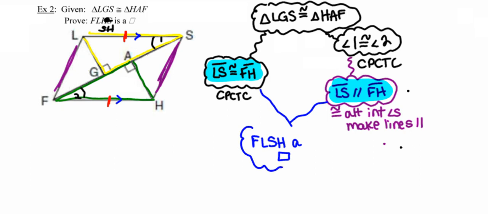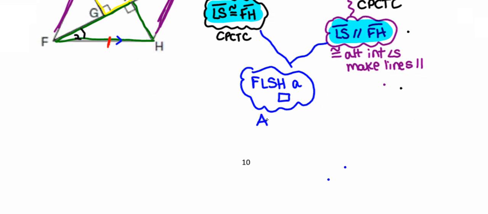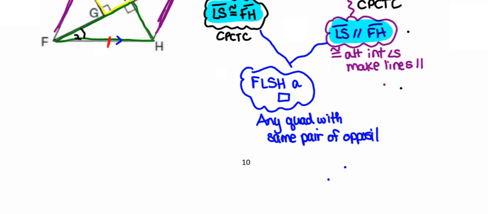The reason for that is any quadrilateral with the same pair of sides both parallel and congruent. And again, it's important that they be the same pair. That makes that figure a parallelogram.